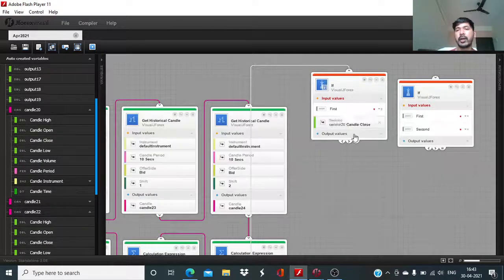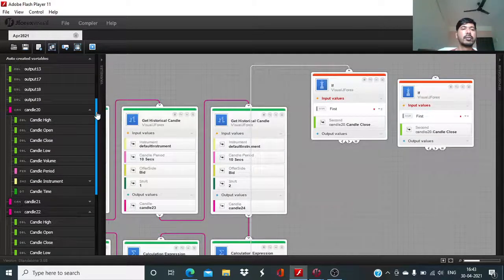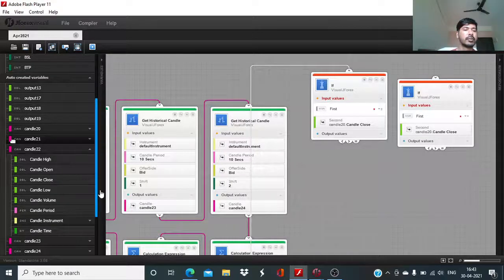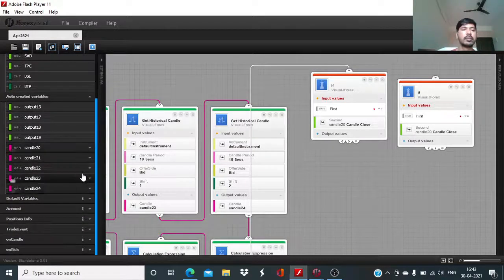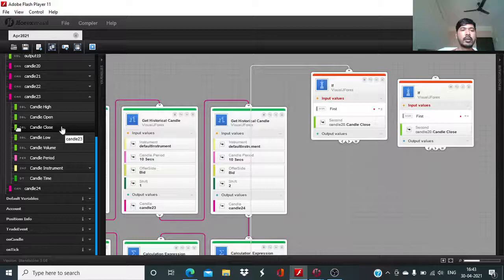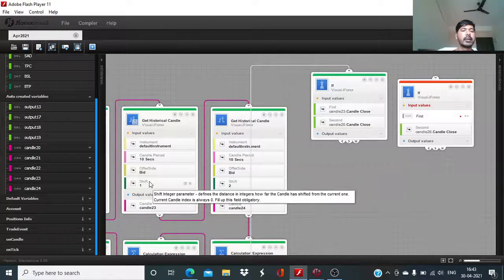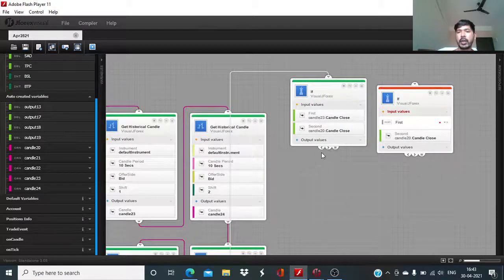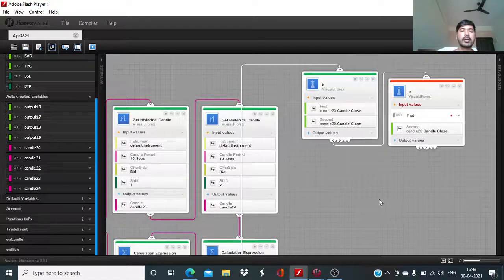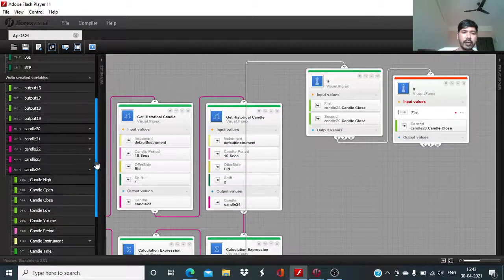So this is going to be the second input in both these if blocks. Candle 23 has the shift value of 1, that means it was the last 10-second candle, so its closing value needs to be less than the candle 20's candle close, whereas candle 24, which has a shift of 2, needs to have closed higher.